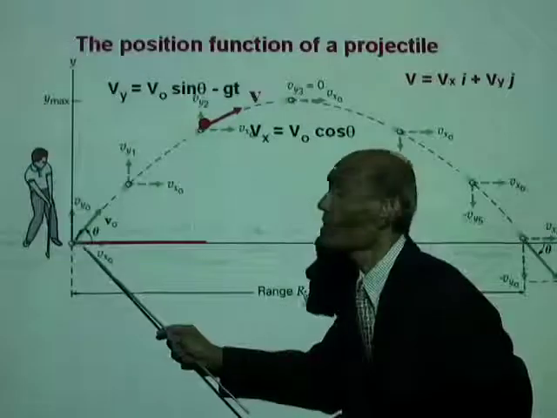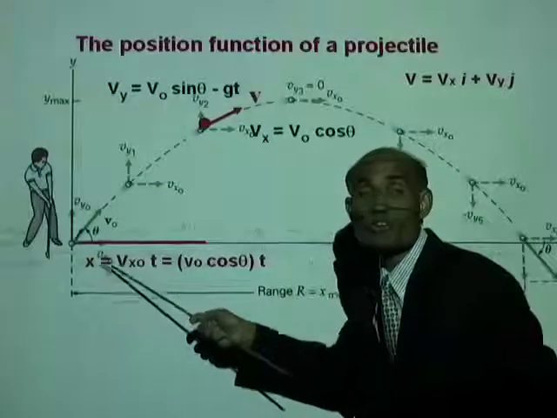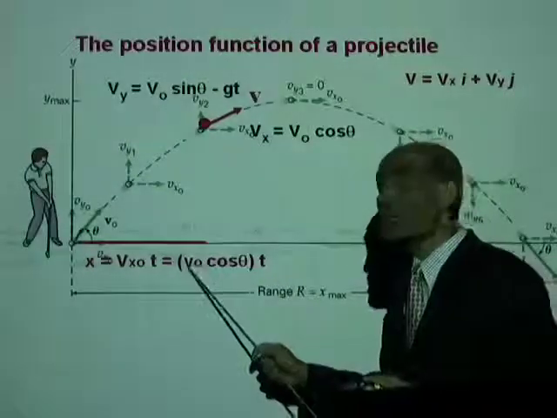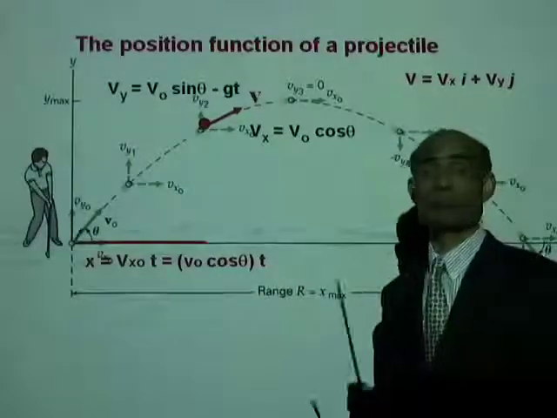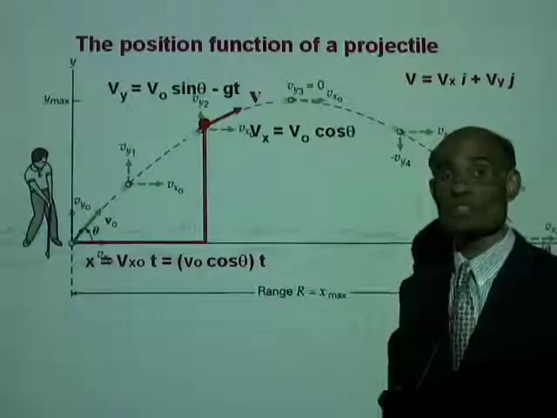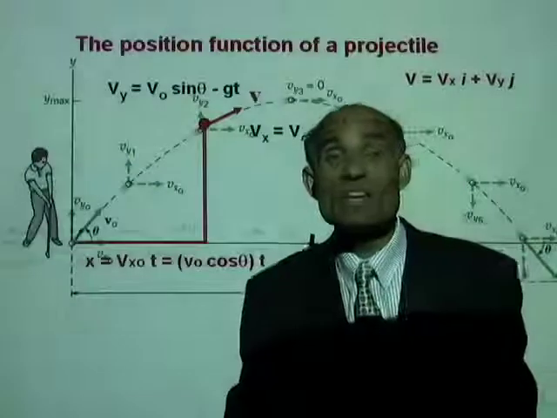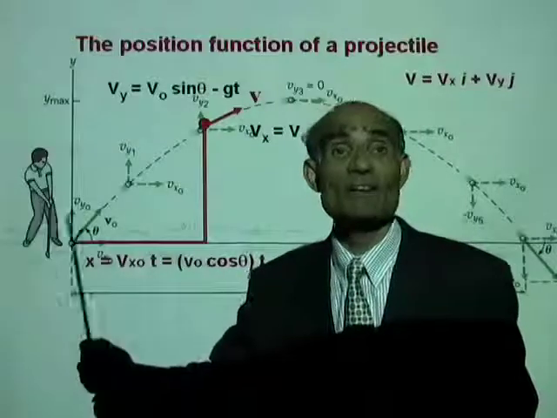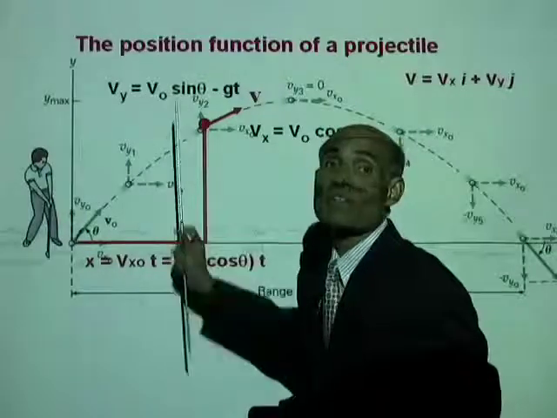Alright? And what will be its x position? Its x position will be x equal to vx0 multiplied by the time, which is v0 cos theta multiplied by time. And what is the y position? Do you remember the equation for the y position we obtained? It will be vy0 t minus 1/2 g t squared, where vy0 is v0 sine theta.